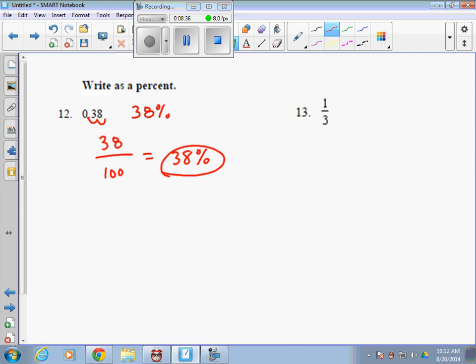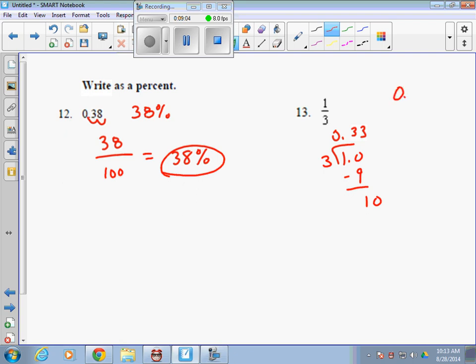Number 13 says 1/3. So again, written as a percent. Now it's saying 1/3, not 1/300th, or out of a percentage or per 100. So you have to do 1 divided by 3, just like we did a minute ago. 3 goes into 10 3 times. Minus 9 is 1 and 0. And it's going to keep doing that. It's going to keep repeating and repeating like that. So that's saying what I have written there, 0.33.